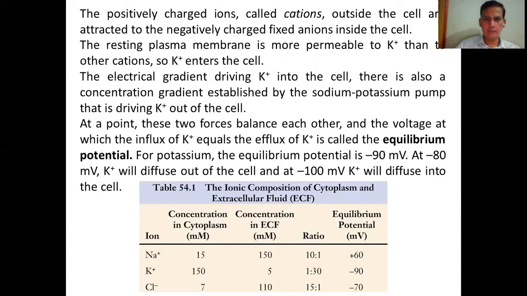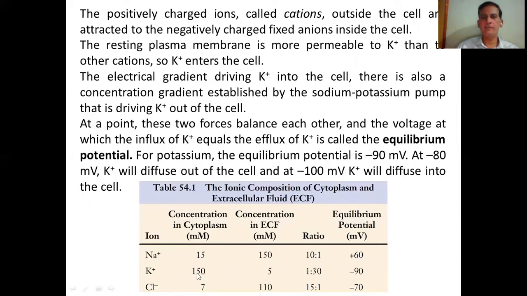So this is a representation of different kinds of ions. This is the concentration in the cytoplasm, this is the concentration in the extracellular fluid, the ratio, and the equilibrium potential. Sodium in the cytoplasm is 15, outside is 150. The ratio is usually 10:1, and the equilibrium potential is plus 60.